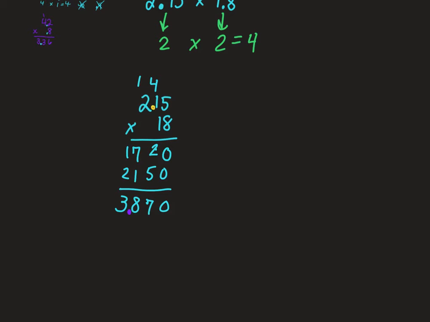So I had a decimal point here and a decimal point here, and then we count. 1, 2, 3. I have 3 digits behind the decimal. 1, 2, 3. I have 3 digits behind the decimals. So you can either use this estimation or you can count. Estimate or count. But a decimal point in any of these other spots would not work.